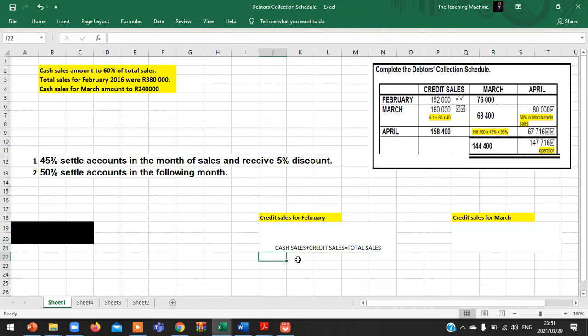Okay, so what are cash sales? Cash sales here are 60%. And then if cash sales are 60%, it would mean that the credit sales are 40%. Because why? Total sales needs to amount to 100%.